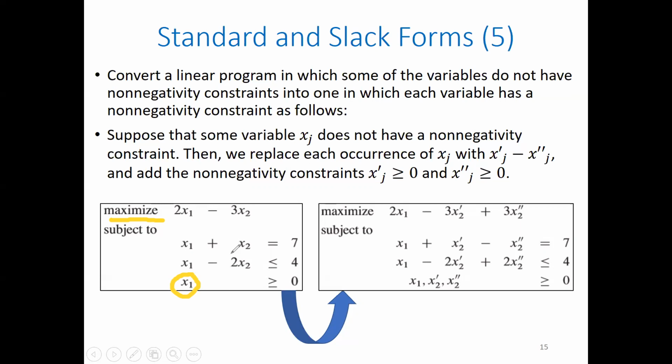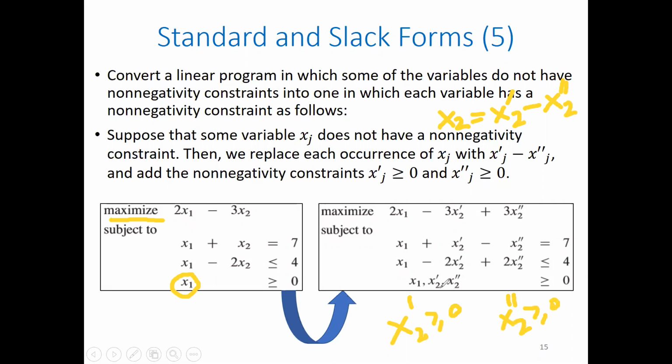It's very simple. We have x2, so I can define x2 as x2 prime minus x2 double prime. I can define 2 variables, x2 prime and x2 double prime, such that x2 prime is greater than equal to 0 and x2 double prime is also greater than equal to 0.